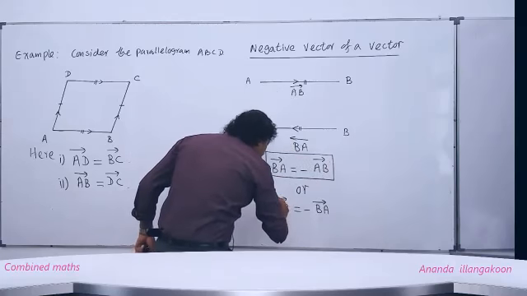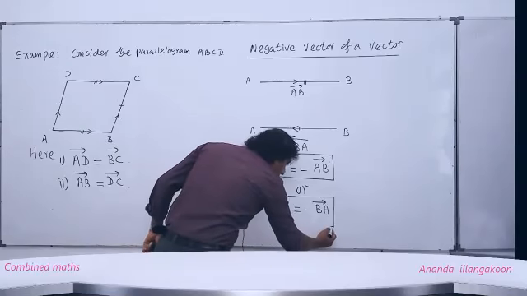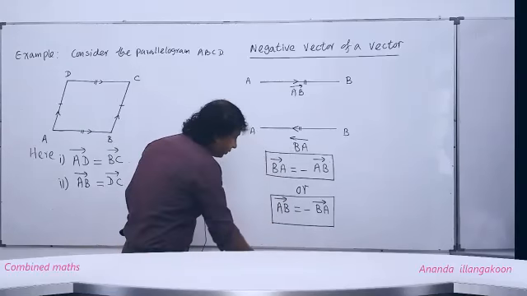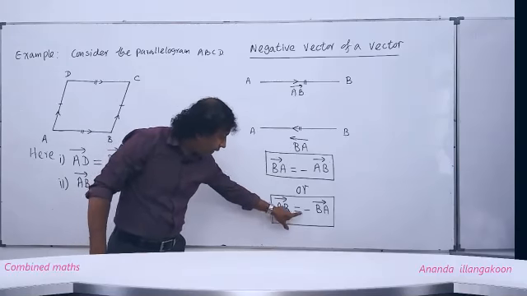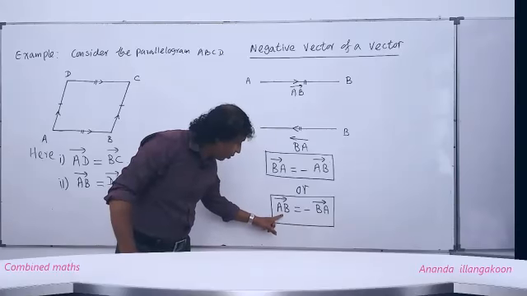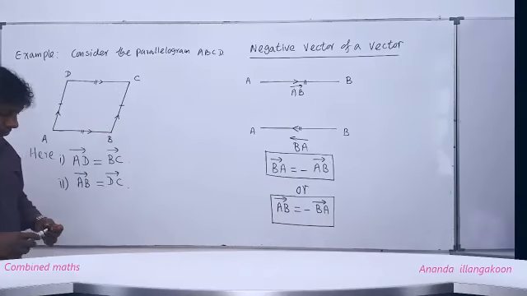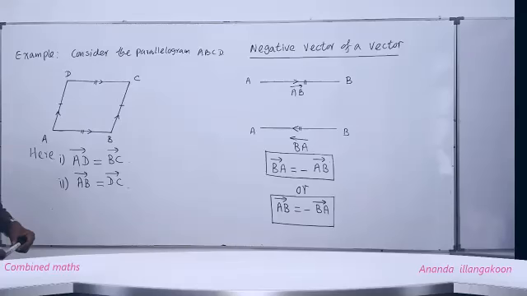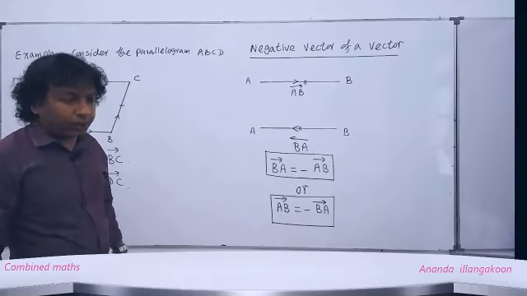Then here you have to understand, when we interchange the order of the letters involved in the vector, here A, B, right-hand side B, A, this order interchange, a minus sign comes. This is how we define the negative vector of a vector.